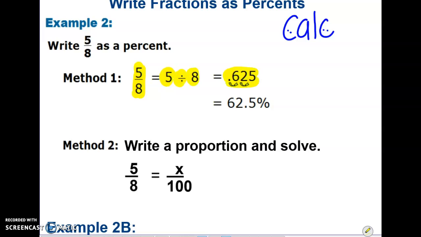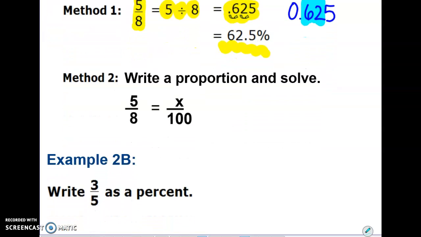When we do that, we get this for our answer. And then using our rule, we'll move our decimal point 2 places to the right, and that would give us 62.5%. Once again, if we have this for our decimal right here, it's 0.625. Percent means hundredths. So if I look at my hundredths, I have 62, and then I have that 5 after it. Okay, that's one way to do it.